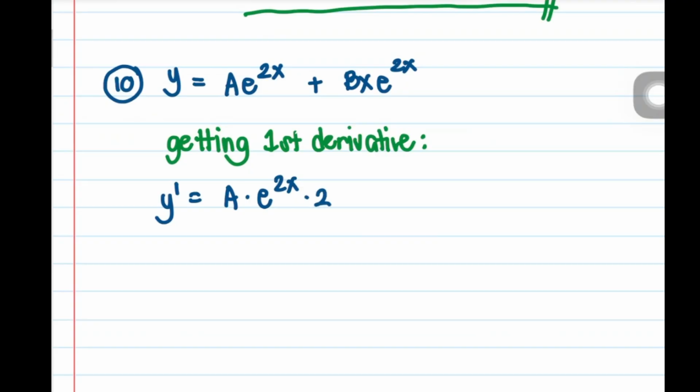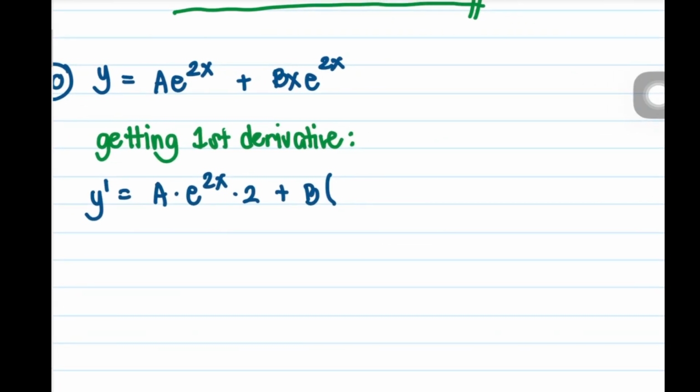Then plus b, set aside the constant, so that one will be b multiplied to, this one will be u and v. Let's recall the product rule u dv plus v du. So the derivative here will be x times the derivative of v, which is e to the 2x multiplied to 2.